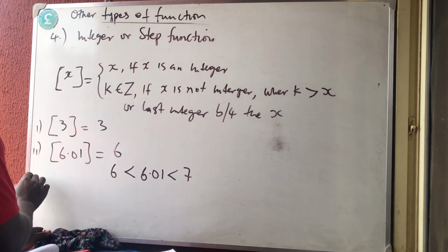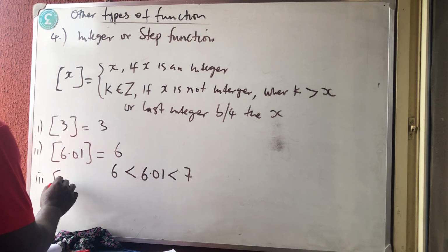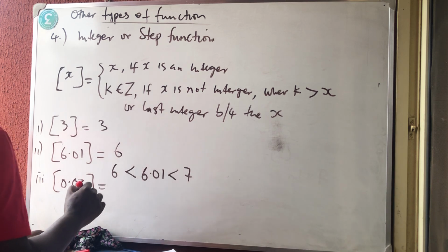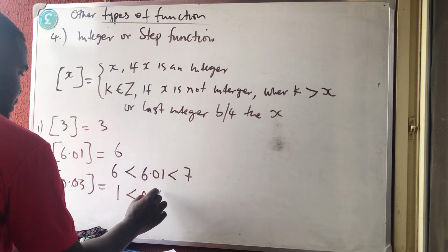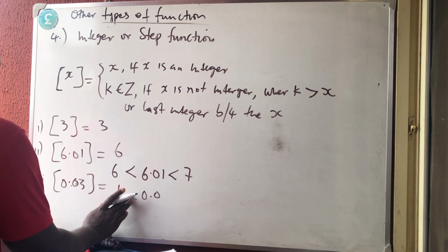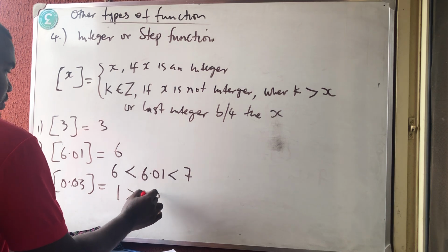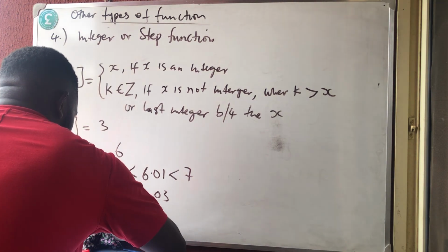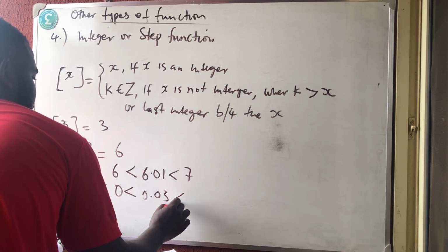Look at another one: 0.03. 0 is a whole number, and 0 is less than 0.03, which is less than 1.